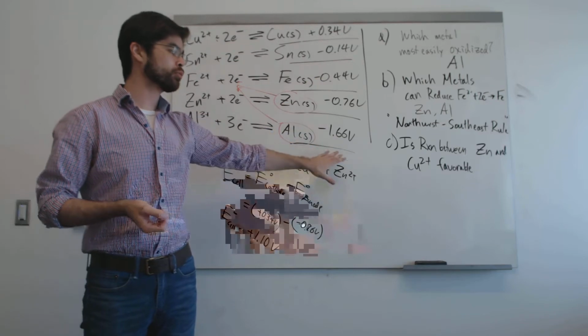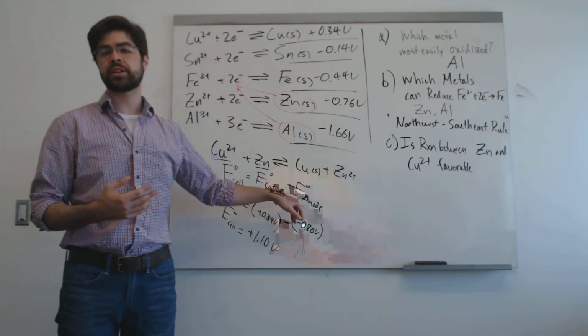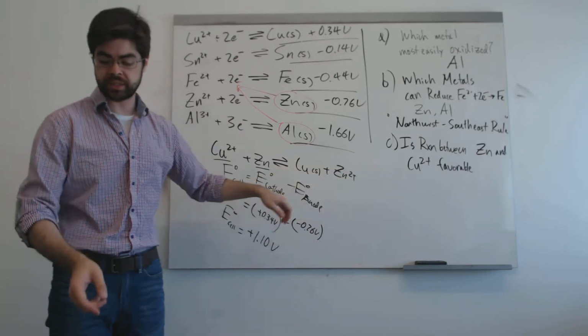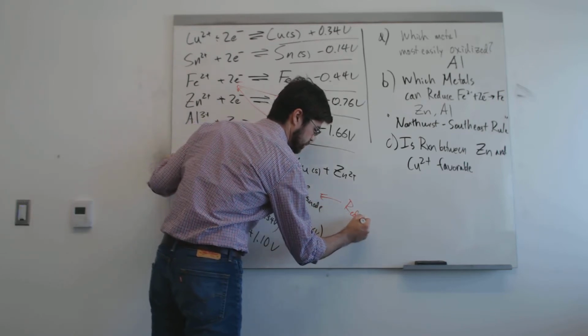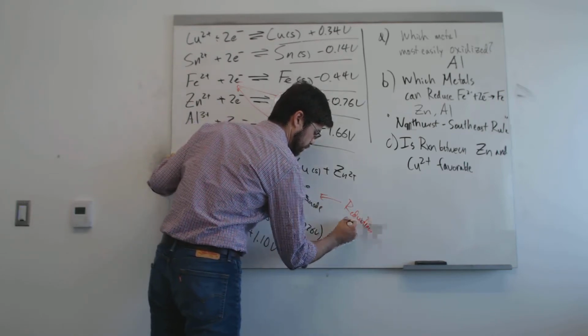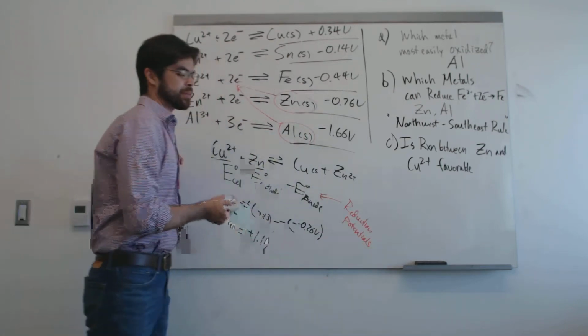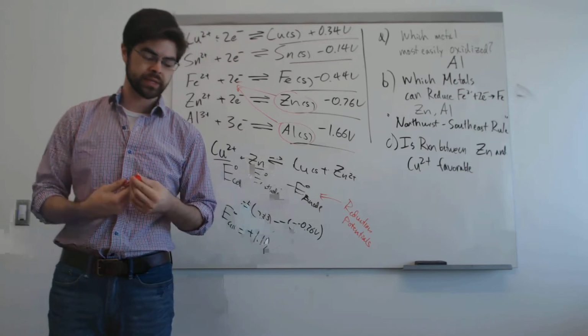Again, they are all written as standard reduction potentials. This calculation for calculating the cell potential is written explicitly in terms of reduction potentials. So a common tactic, I've seen this being taught in two different ways.